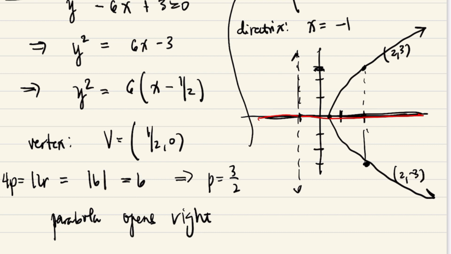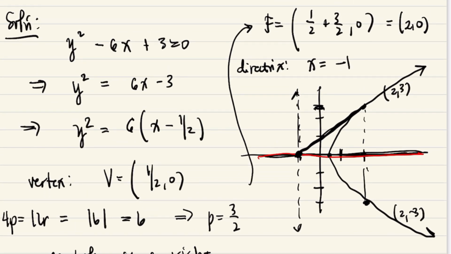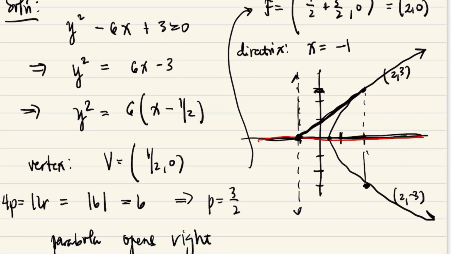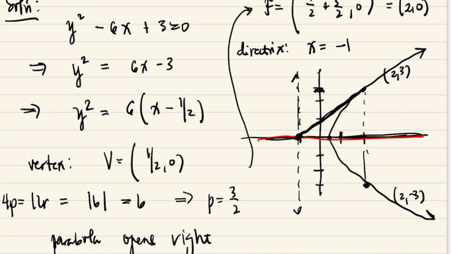So this is the point of intersection of the directrix and the axis of symmetry. So you are actually looking for the area of the triangle bounded by the line segment joining U, V, and U bar, V bar.